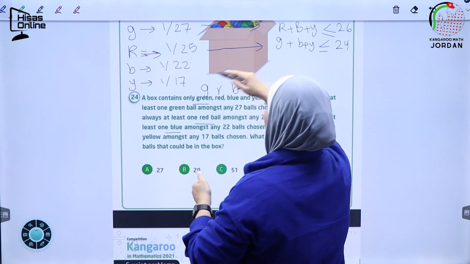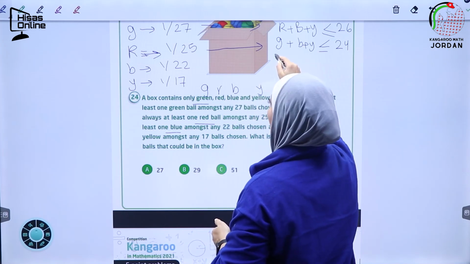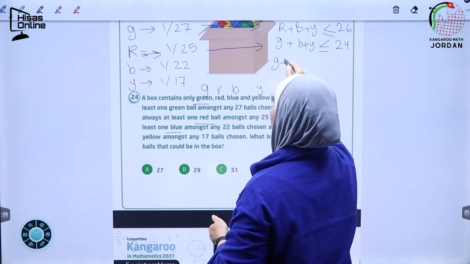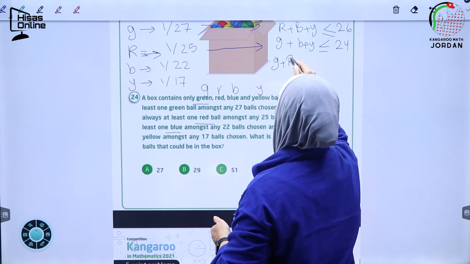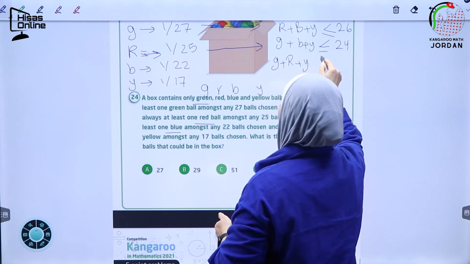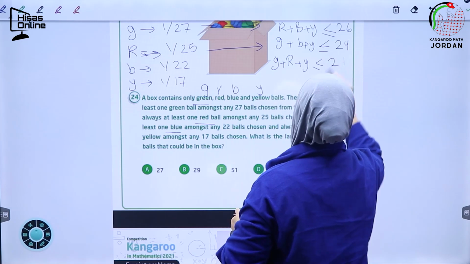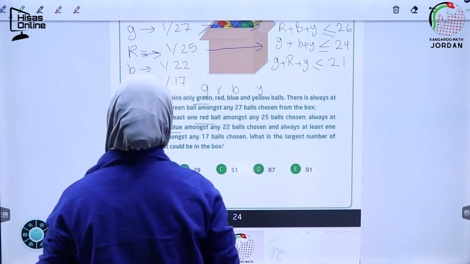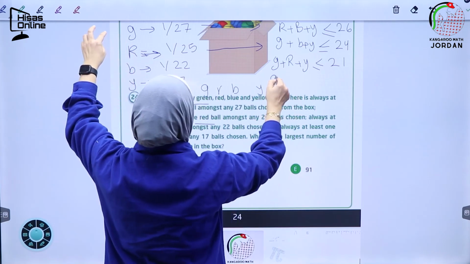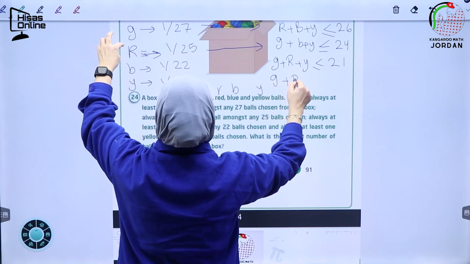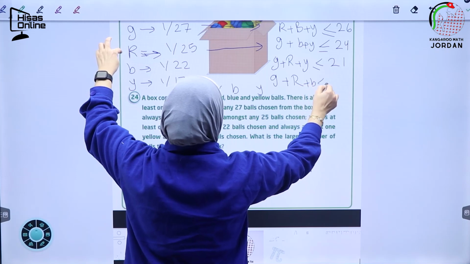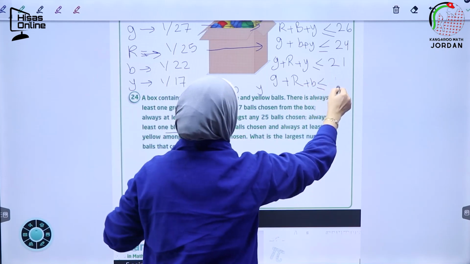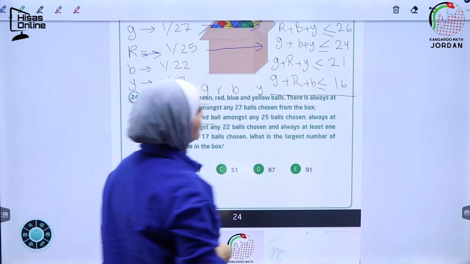For blue, green plus red plus yellow less than or equal to 21. And the final one, if you took the yellow ball, green plus red plus blue less than or equal to 16. We have those 4 inequalities.